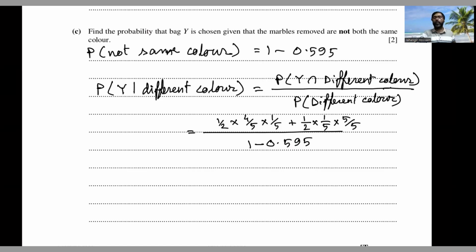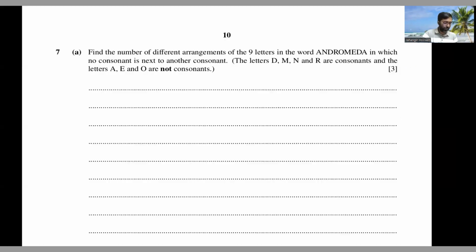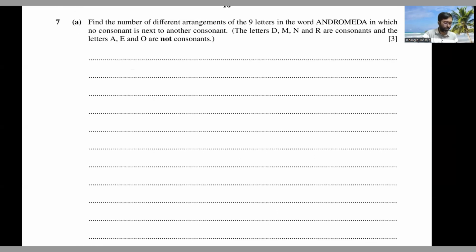So if you calculate it, it will be 4 by 9, or if you keep it in decimal, it will be 0.4444. Okay, that's part C. Is there any further part in this question? No, so this is question 7.